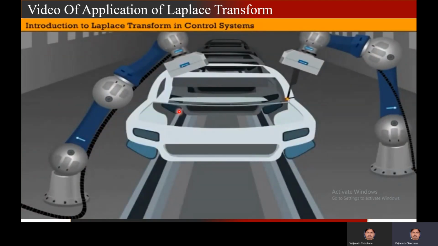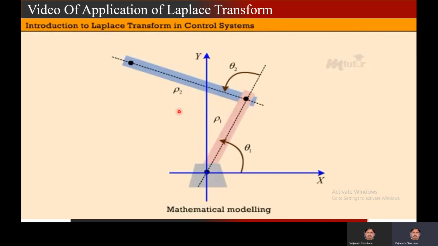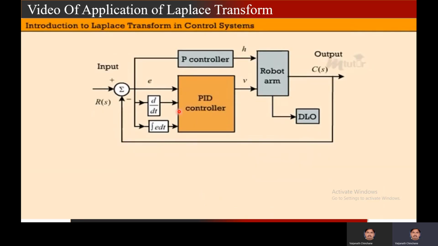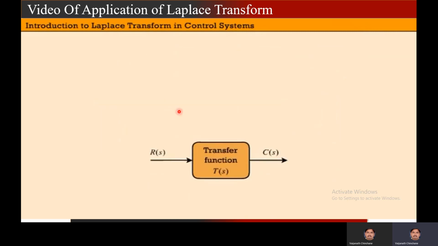In order to control the speed and position of the robotic arm, mathematical modeling of the robotic arm and a suitable controller is needed. Then, the transfer functions are derived for mathematical modeling of the system through which the stability of the system can be evaluated prior to fabrication.